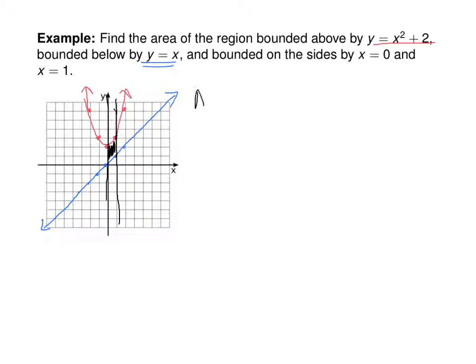So my area will equal the integral from my left bound, which is 0, to my right bound, which is 1. The upper curve is x squared plus 2, minus the lower curve, which is just x. And now to find that area, you just evaluate this integral.